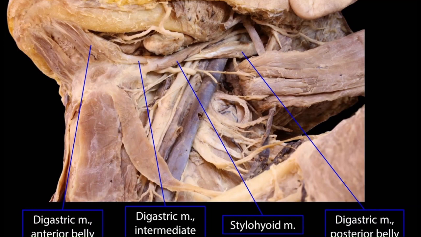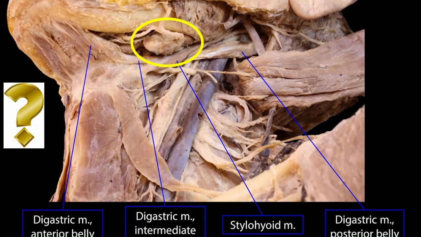Now, to orient yourself, if you look to the upper far right side, you can see the pinna of the ear, and on the upper left side you see the front part of the mandible.